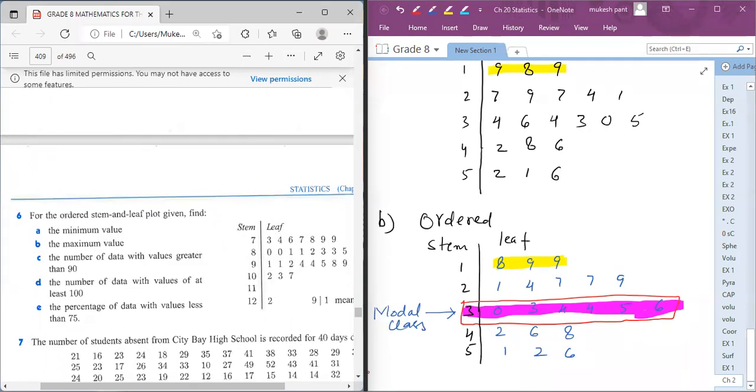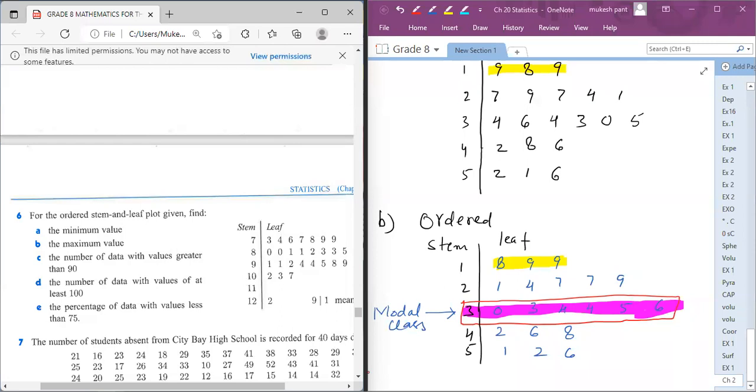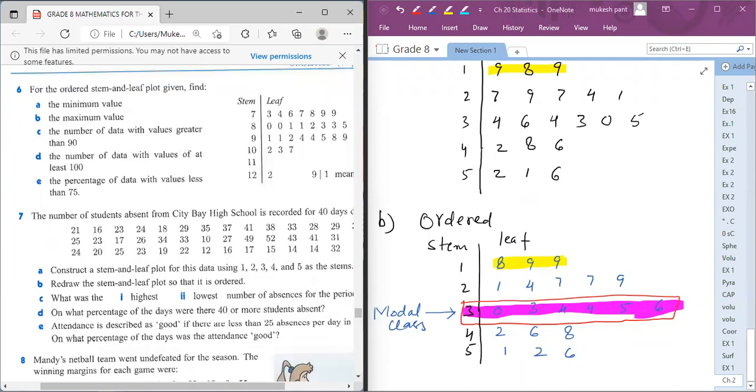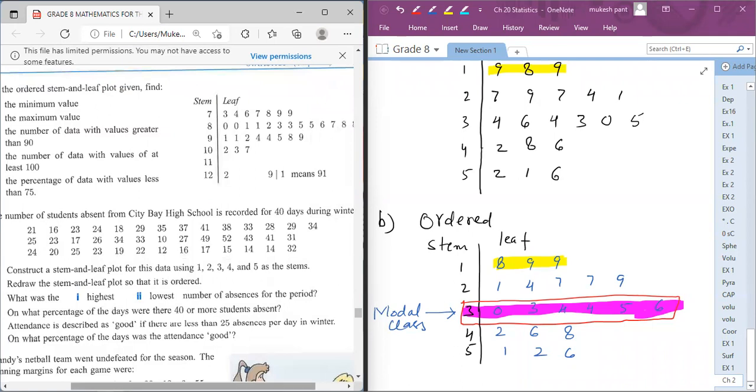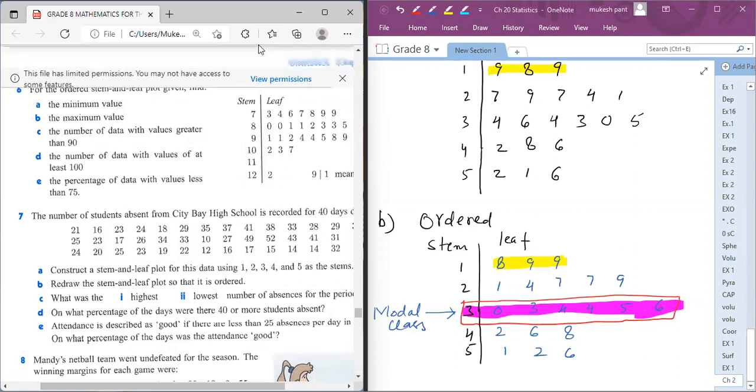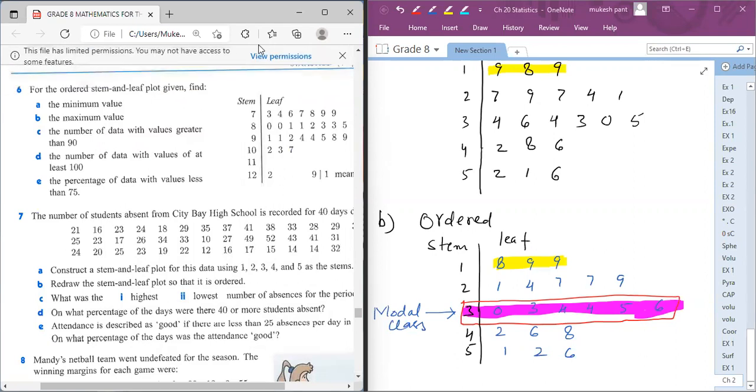You will have this type of question in your exams, where you have to draw the ordered and unordered diagrams, and then answer questions based on them. So guys, try question number 7 right now. Look at this question number 7. This is a good question.